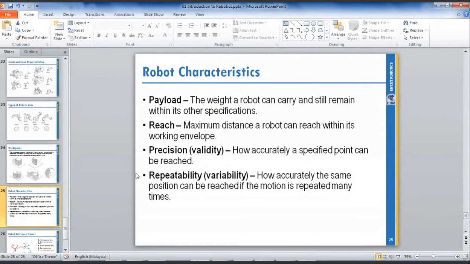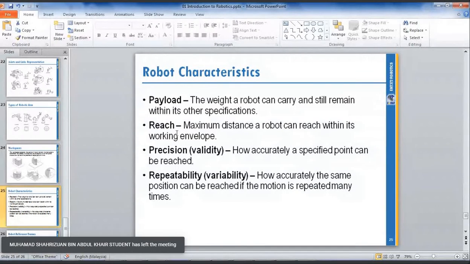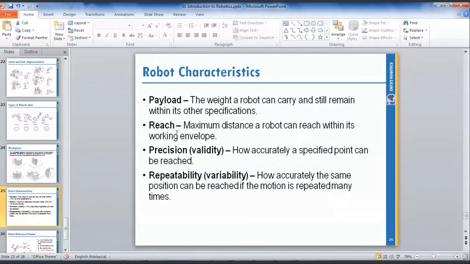Maybe you want to pick up a very tiny chip, so we don't need a very strong robot. The other one, reach. Reach means the working envelope or workspace. What is the distance between point A to point B? So you need to decide the length of your robotic arm.